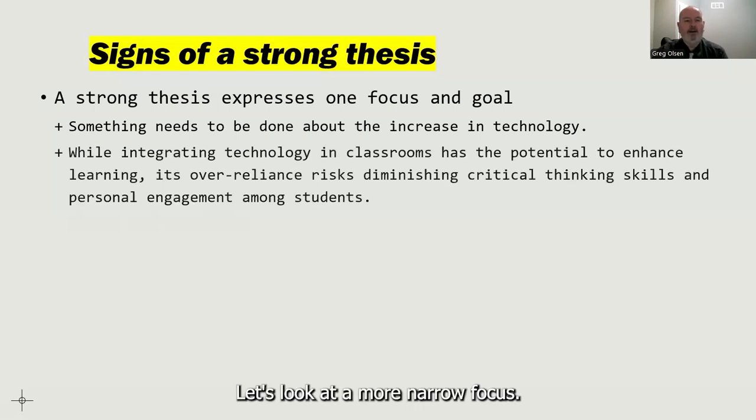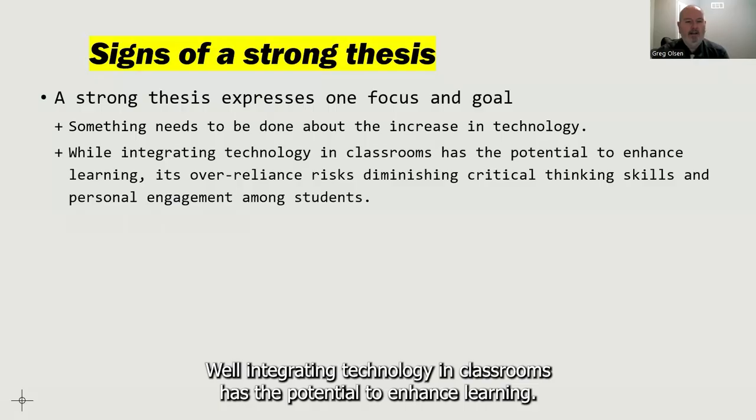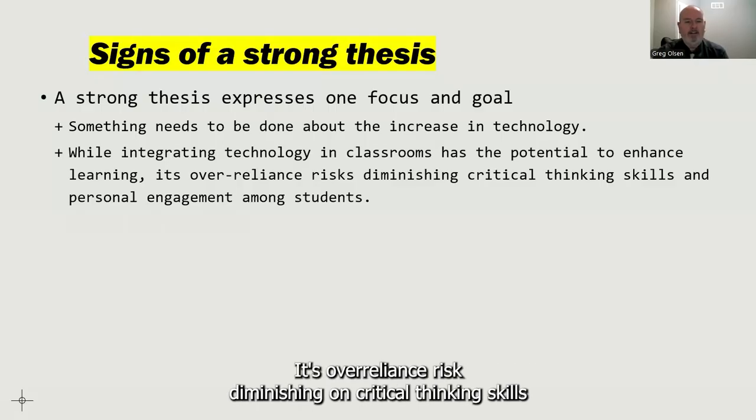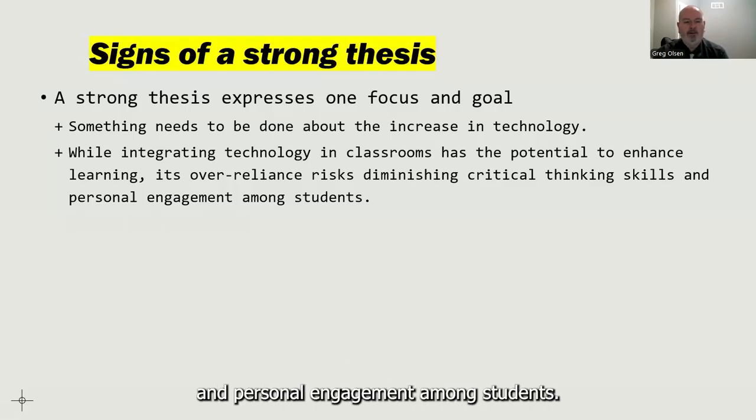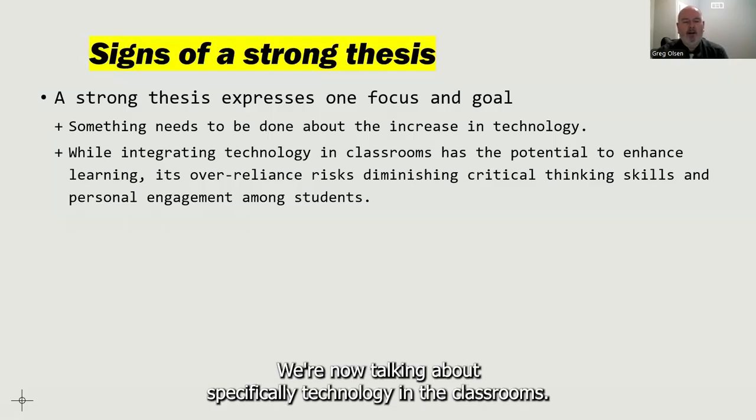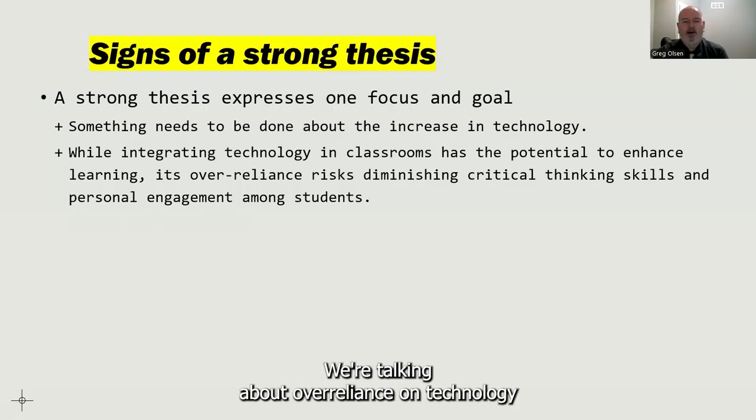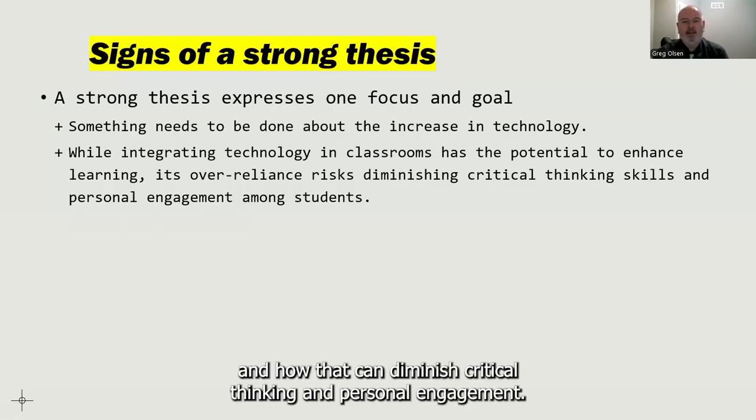Let's look at a more narrow focus. While integrating technology in classrooms has the potential to enhance learning, its over-reliance risks diminishing critical thinking skills and personal engagement among students. Okay, so here we have a focused goal. We're now talking about specifically technology in the classrooms. We're talking about over-reliance on technology and how that can diminish critical thinking and personal engagement.